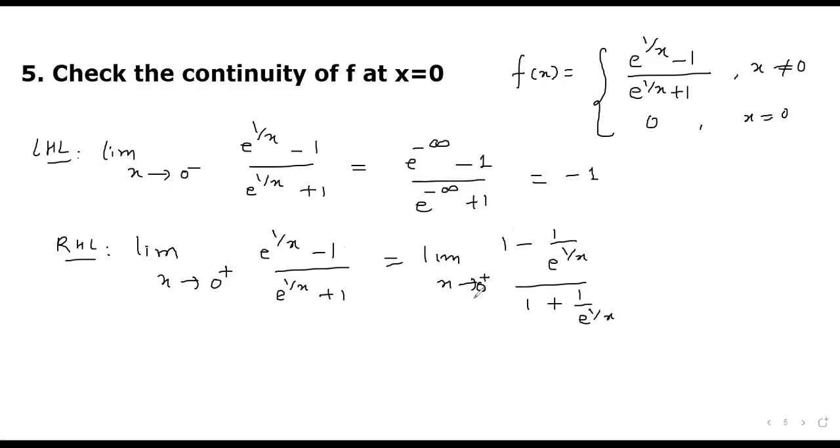When we put x equal to 0, then 1 minus 1 upon e to the power infinity divided by 1 plus 1 upon e power infinity, which will be 1. So LHL is minus 1, RHL is 1, and the value of the function is 0. So all three are different. It means the function is not continuous.